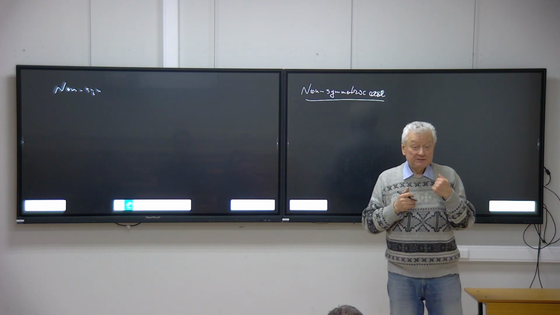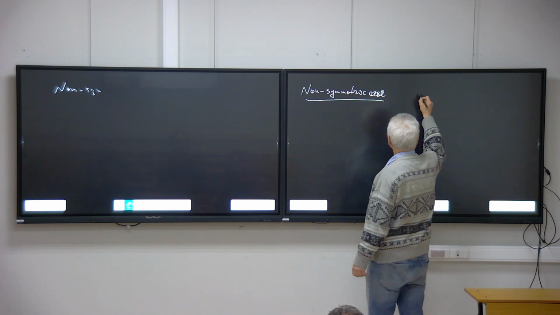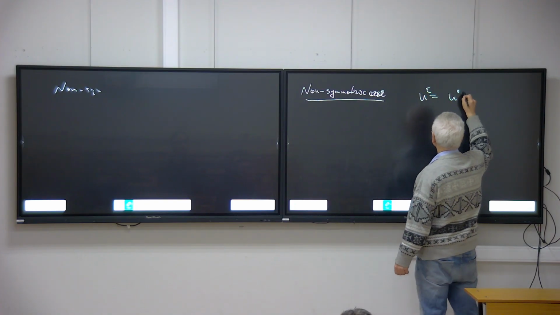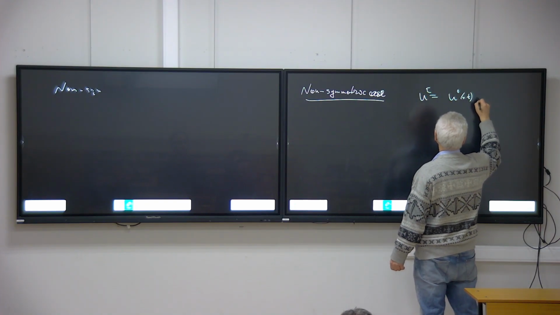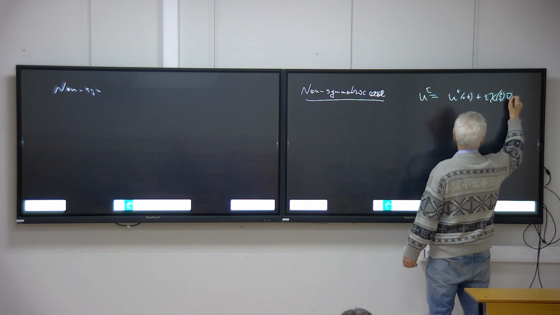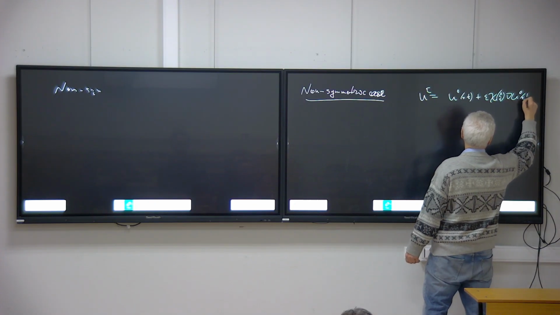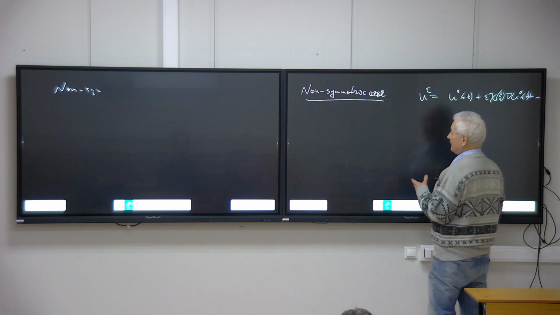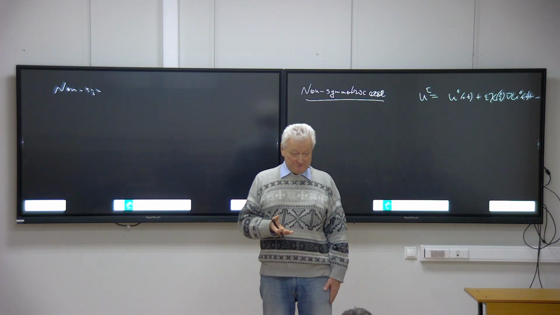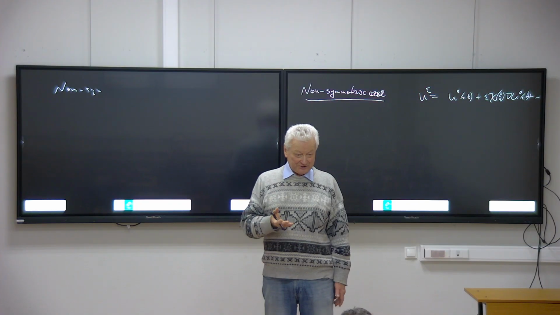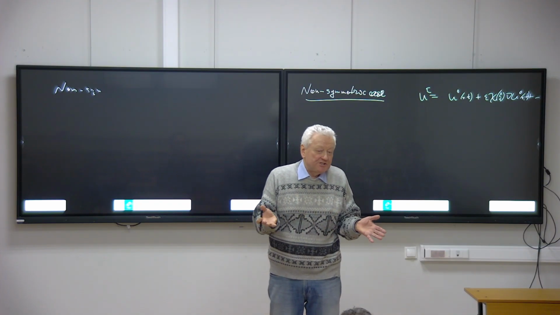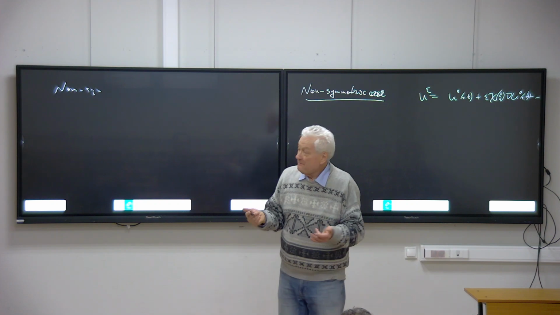But if we do all this business, if we write that u epsilon is equal to u0 of x,t plus epsilon chi of x over epsilon gradient u0 of x,t plus and so on, and if we substitute in the equation, we will obtain the same equation as before, because in the derivation of the equation we didn't use symmetry at all.